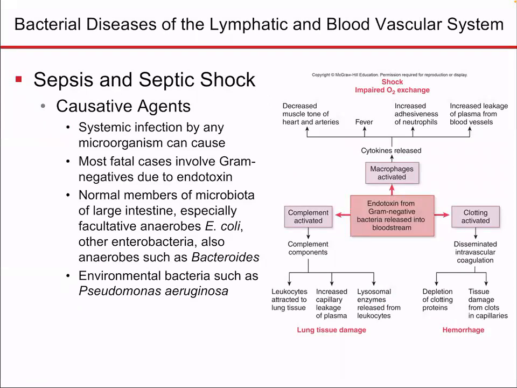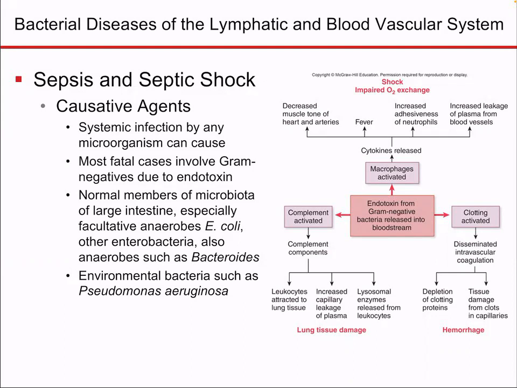So septic shock is a life-threatening condition caused by severe, localized, or system-wide infection that requires immediate medical attention. And symptoms may include, for example, low blood pressure, chills, problems breathing, mental confusion, disorientation.